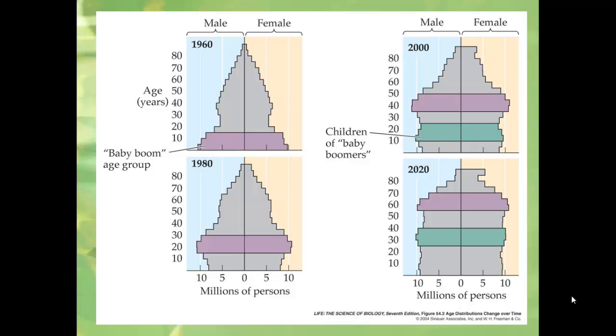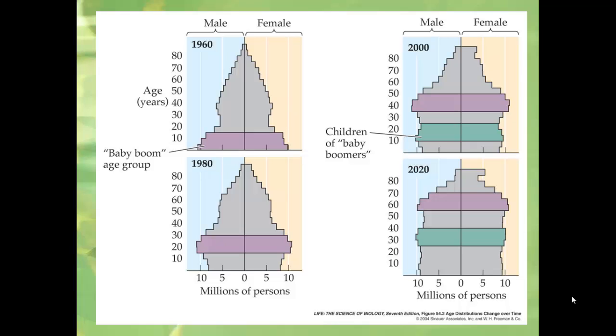As you can see from the graphs, the first one on the left, the baby boom age group when they were 10 to 15. Then if you move down to 1980, you're going to see those people growing up to their 20s to 30s.